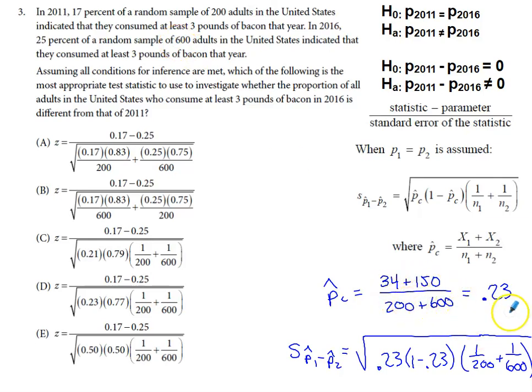So my pooled proportion value ends up being 0.23. So I'm putting 0.23 here, I'm putting the complement of 0.23 here, and then I'm multiplying by the sum of 1 over the first sample size plus 1 over the second sample size. And if you look at our answer options, the only one that resembles what we built is option D.